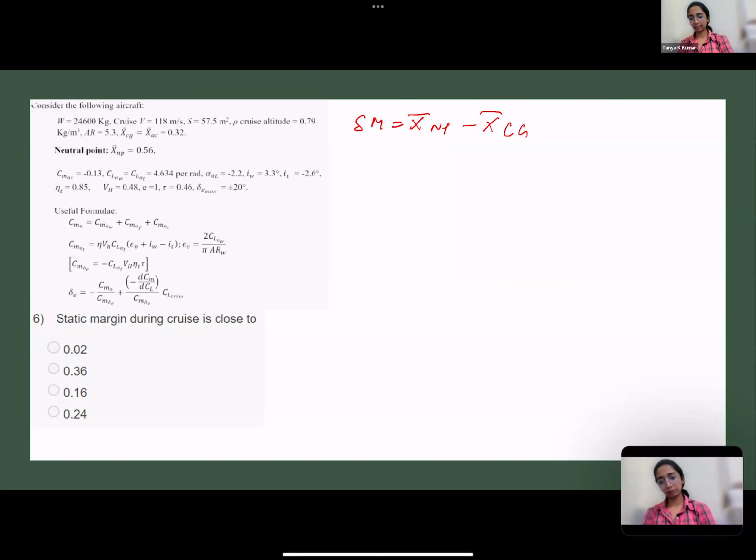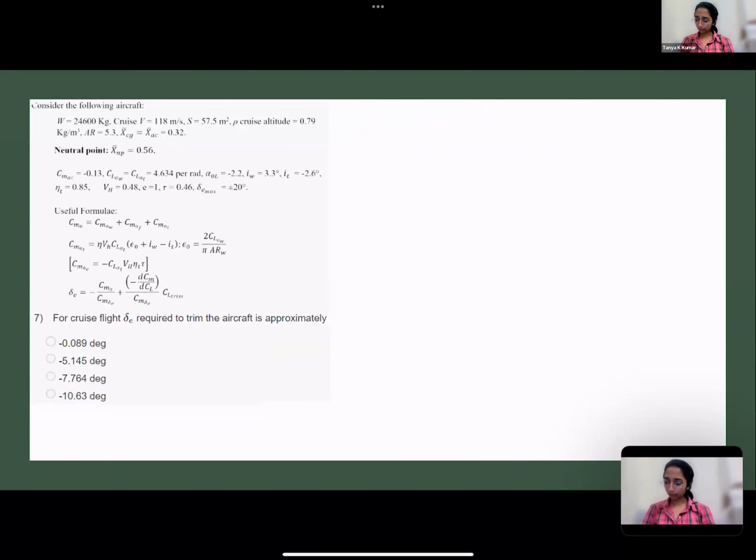Yes, for a stable aircraft, it will be positive. Let's put in the values. They've given you directly 0.56 and 0.32. 0.56 minus 0.32 gives 0.24. Very simple question.